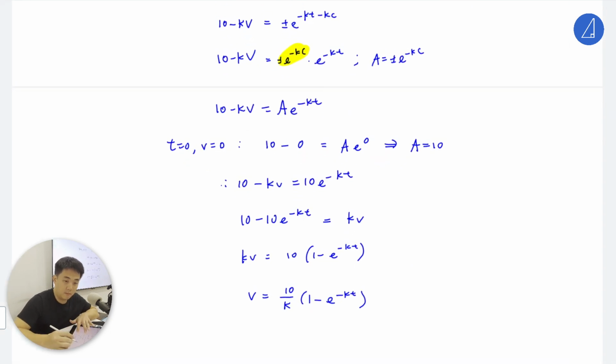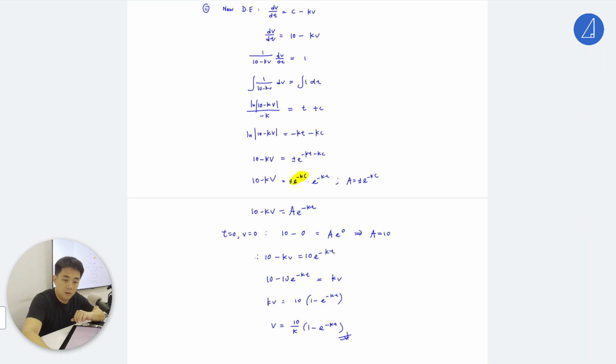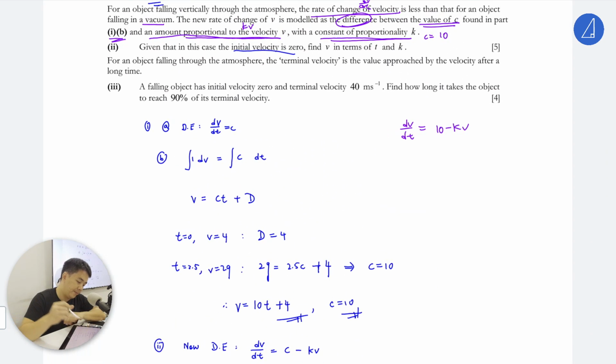You were told that for an object falling through the atmosphere, which is the new DE that we solved just now, the terminal velocity is the value approached by the velocity after a long time. So this means t goes to infinity. We are told the terminal velocity is 40 meters per second.